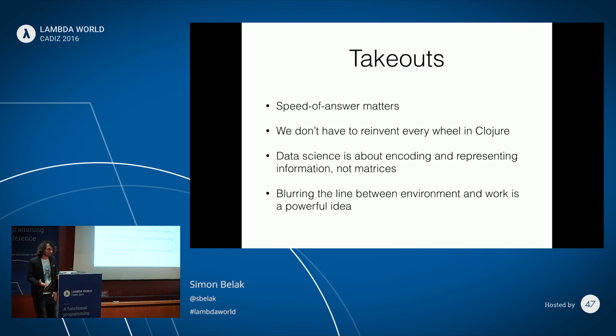Now getting to the more philosophical points, I think that working in data science is fundamentally about various encodings and representing information rather than some specific mathematical notions like matrices or distributions. Those are all, again, just a different way of encoding and communicating information, but not necessarily the only or the best way.